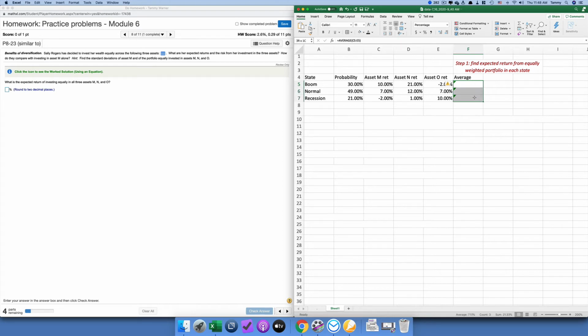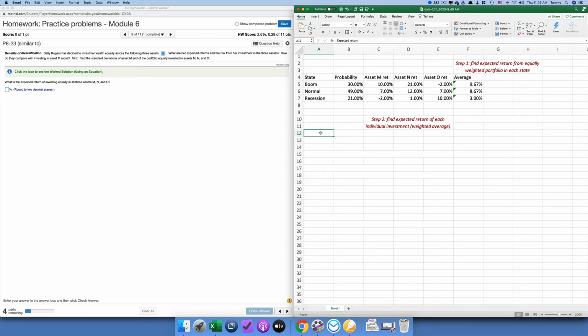So you can go ahead and use the Excel function AVERAGE, and just take the average of these three returns, and that gets you to your expected return from an equally weighted portfolio, assuming that it is this state of nature, right? We have not done any weighting yet.